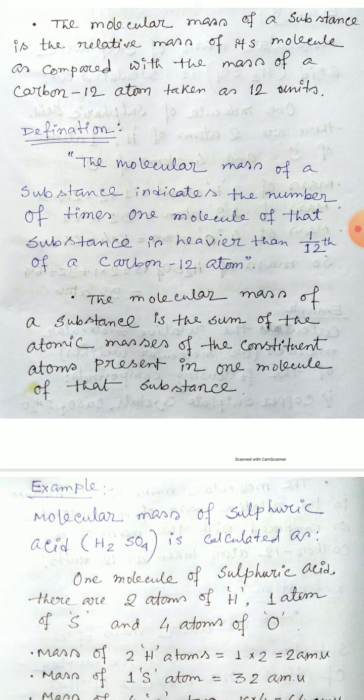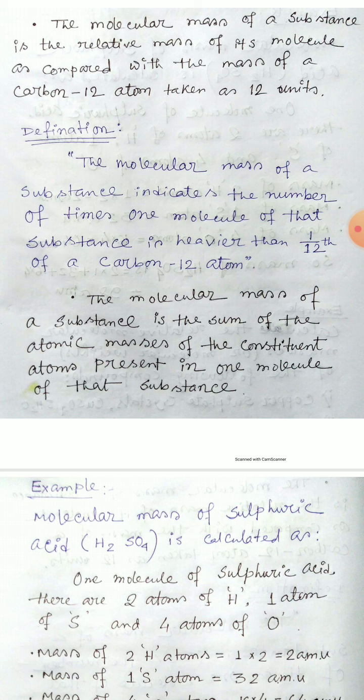Now, the scientific definition of molecular mass: the molecular mass of a substance indicates the number of times one molecule of that substance is heavier than 1/12 of a carbon 12 atom.